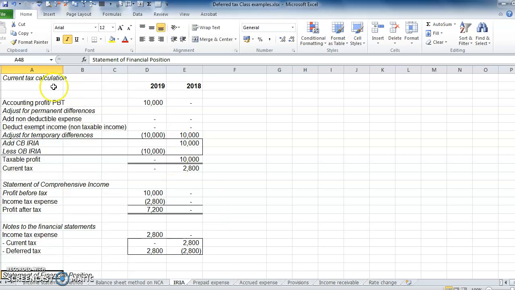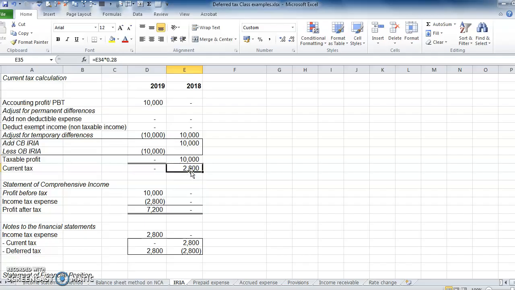Then our current tax calculation. We've covered this when we did chapter 5. We add the closing balance of our income received in advance for 2018. So our current tax is 2,800, our taxable profit is 10,000.